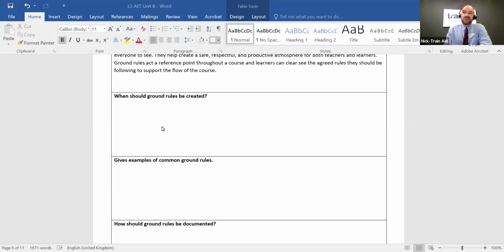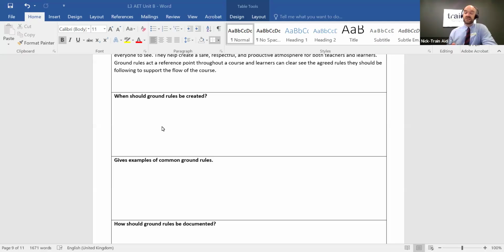If you try to promote ground rules halfway through a course, learners might be confused or not take them seriously. It doesn't have the same shine or effect. So it has to be done at the start, early doors, and that way you'll get your learners to have much more of a buy-in.